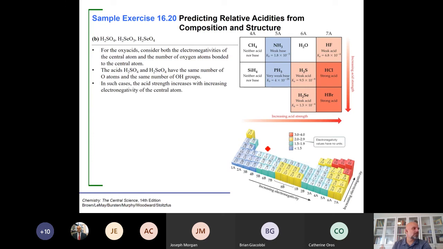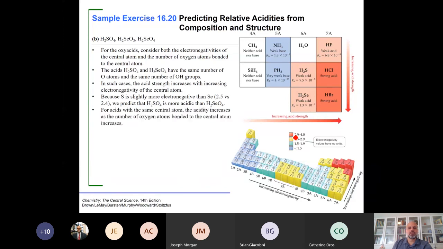And if we look at the table, sulfur has an electronegativity of 2.5. Selenium has an electronegativity of 2.4. So you would expect the sulfur to be more electronegative, a stronger acid. Therefore, we predict sulfuric acid is the most acidic. For acids with the same central atom, the acidity is going to increase with the number of oxygen atoms bonded to the central atom.